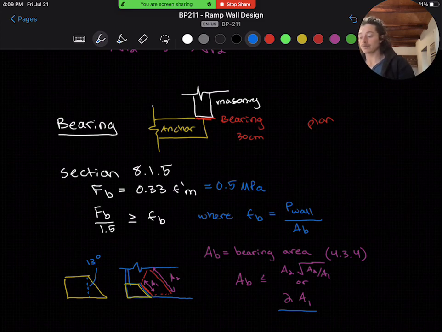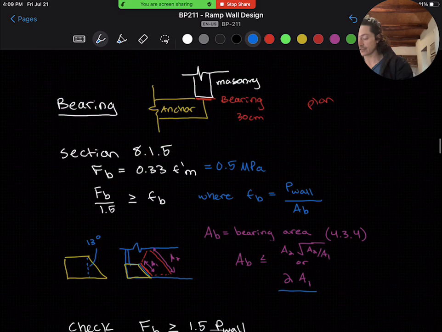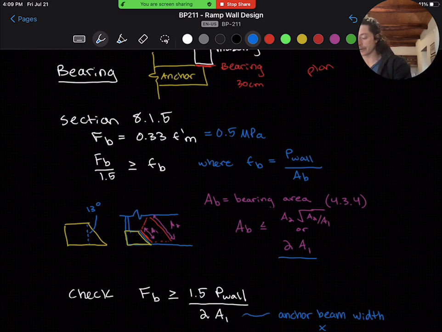Therefore, the bearing stress can be computed as P_wall over 2A1. And I've drawn a few diagrams here for you showing A1 and A2 and the allowable increase in area as forces are distributed across a larger area of wall.